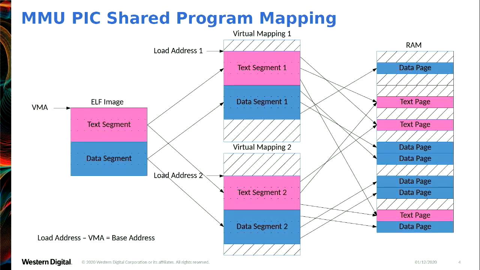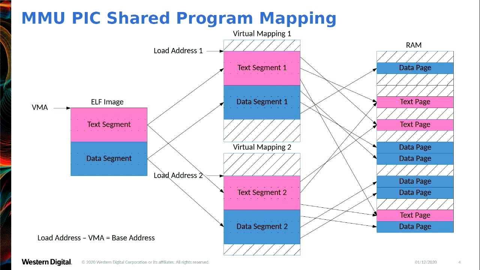So just as an overview, here is how the general ELF ABI works. We've got an ELF image which has a text segment and a data segment. There can actually be more than one of each of those. They do not have to be adjacent as shown here, it's just for simplicity. The key point here is we have an MMU available, and we can map the same image multiple times using essentially arbitrary load addresses.